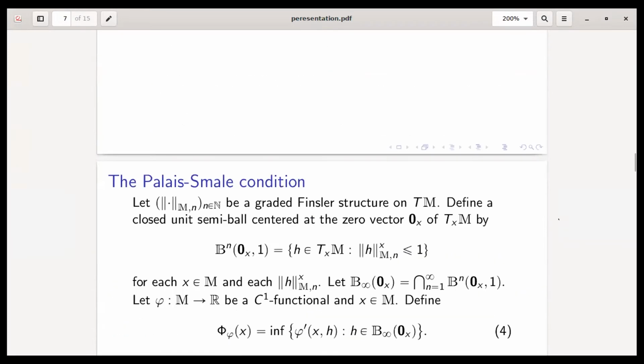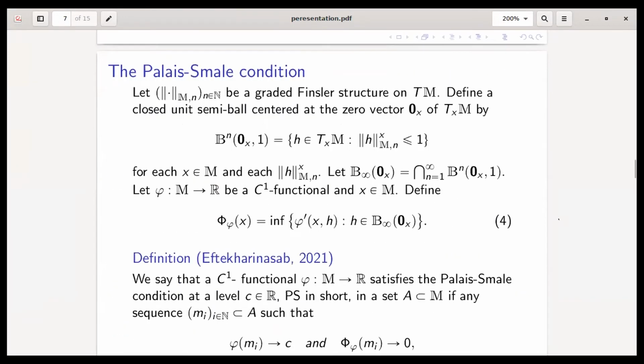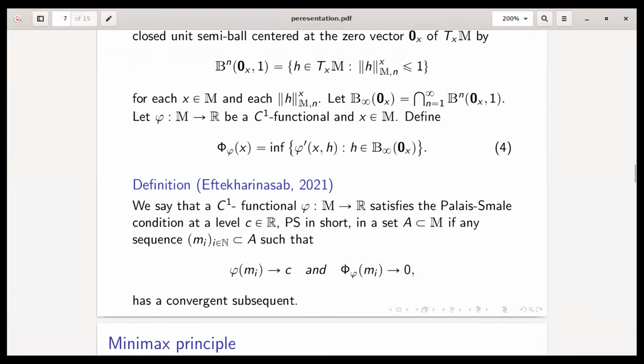Now, the idea to define the compactness condition of Wallace-Smale type is to associate to each functional an auxiliary function in equation 4. And by using this auxiliary function, we can naturally define the Wallace-Smale condition.